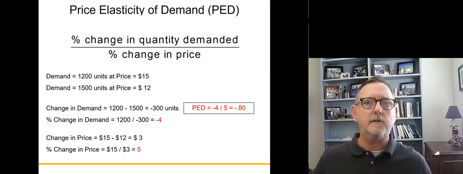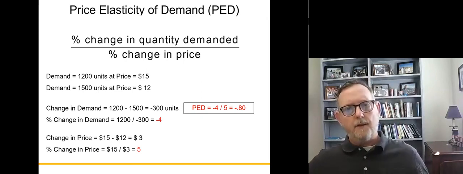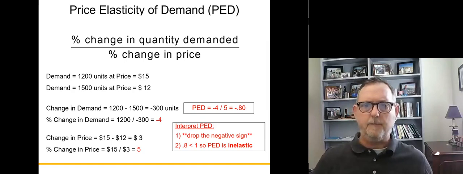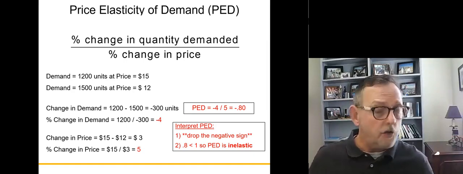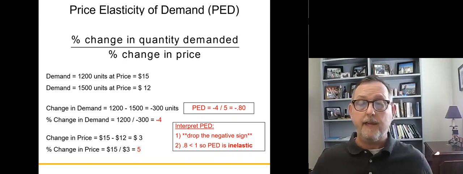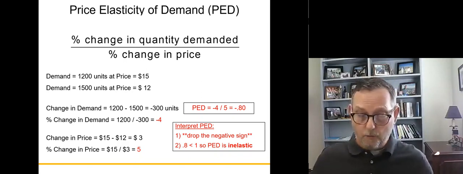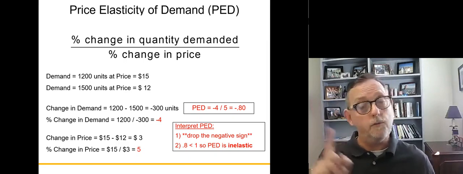So let's talk a little bit about how we interpret this. Okay, so you'll always have a negative sign because of the calculation. Now, the way we interpret it, though, is we take the negative sign out, and then we look at whatever's left, relative to 1.